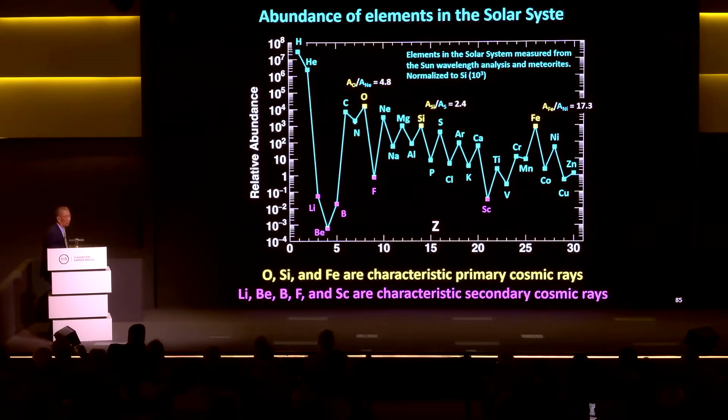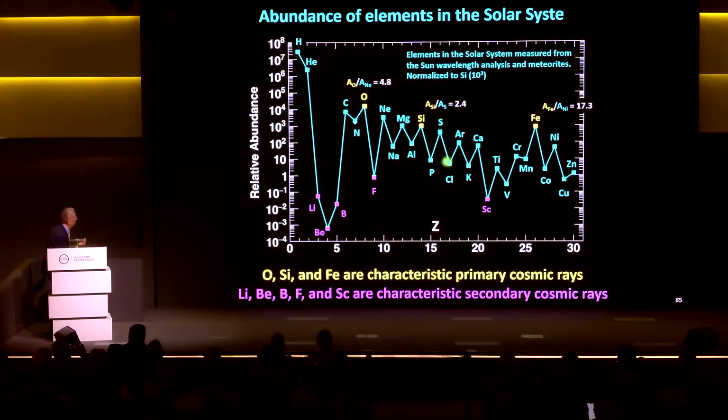Now, let us look more carefully at the property of cosmic rays. This is the abundance ratio measured by NASA on the surface of the sun. You notice, normalized to silicon, oxygen flux is 5 times more than neon flux.